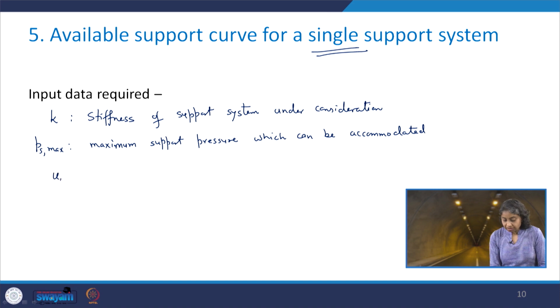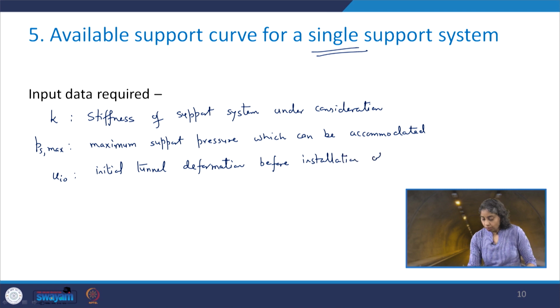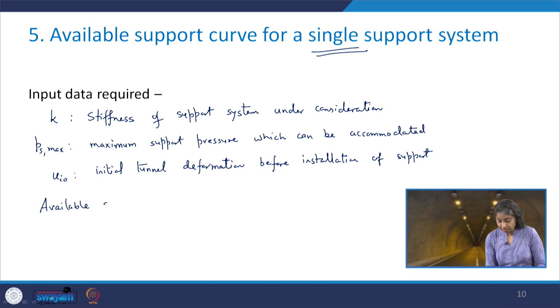Then we will need Uio, which is the initial tunnel deformation before the installation of the support system. So, what is going to be the available support curve?